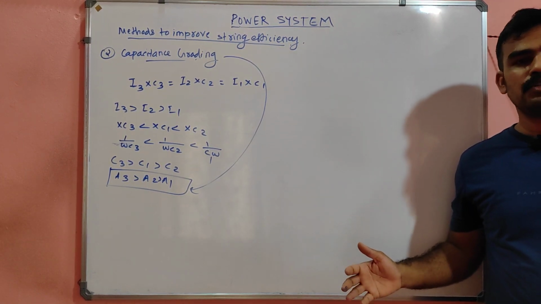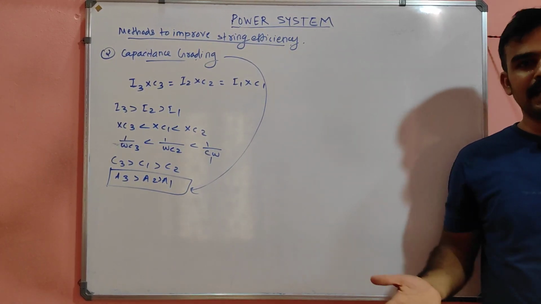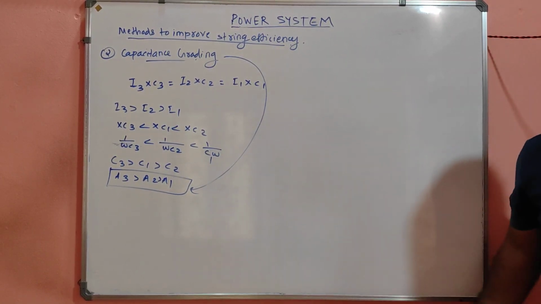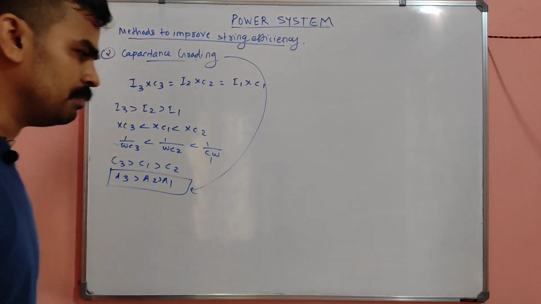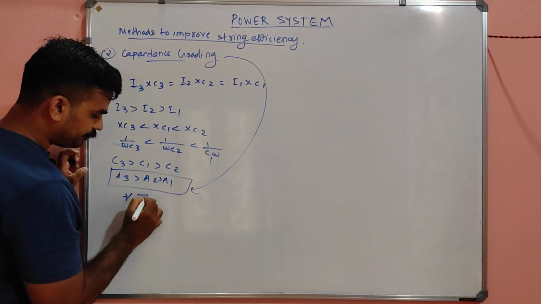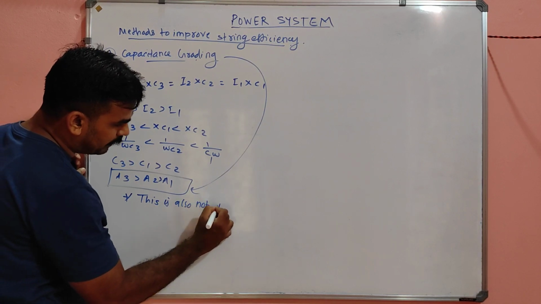Then these things will suddenly be in an unbalanced condition, and this will not be satisfied. There may also be problems when lightning comes. So this is also not practically used.